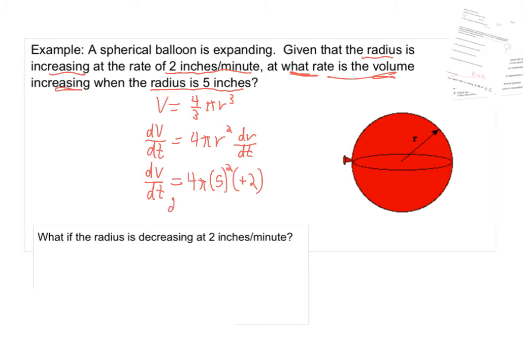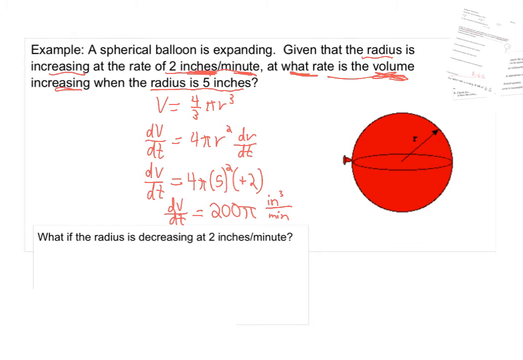So we get that dV/dt will be 200 pi, and then what are our units? Well, it's volume, the radius is inches and our time is minutes, which means our units for volume will be inches cubed per minute.